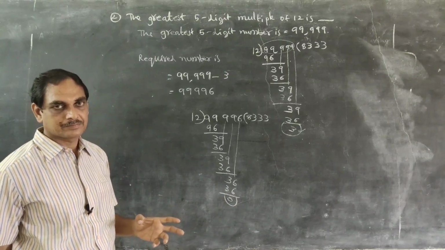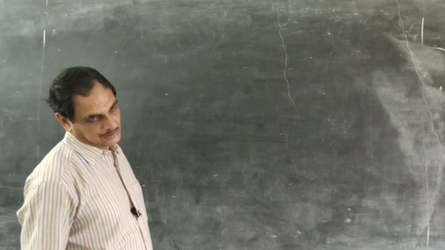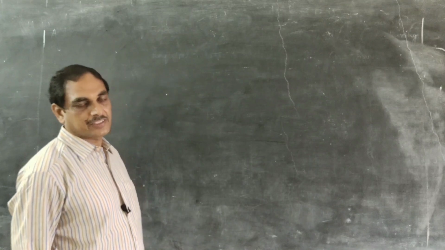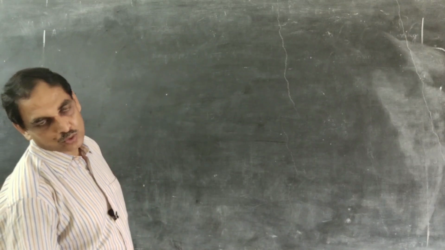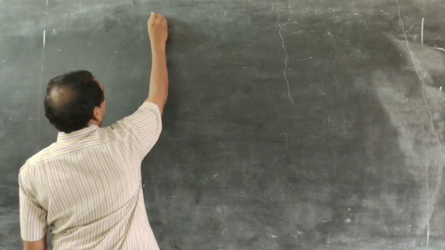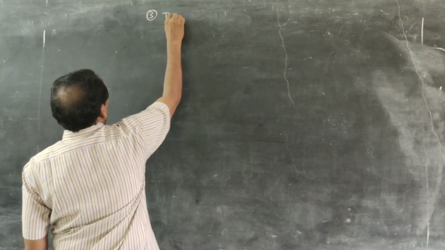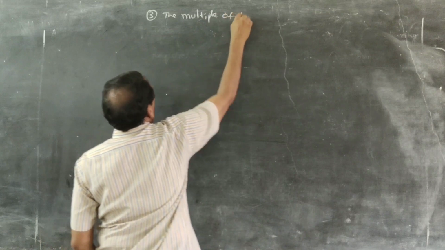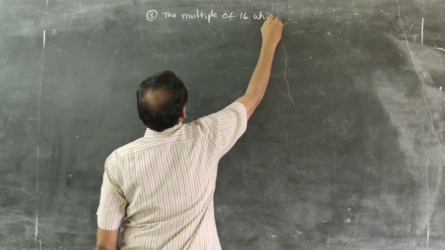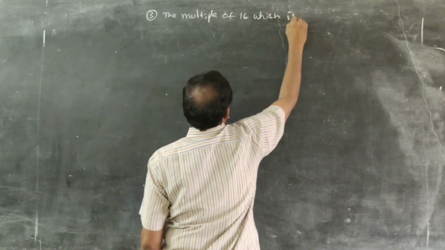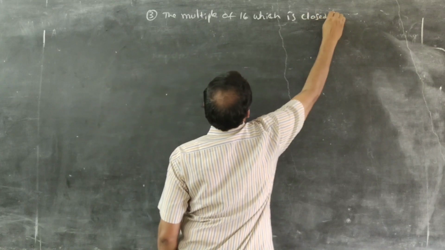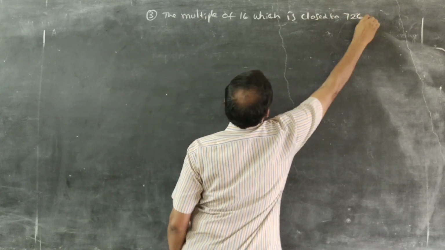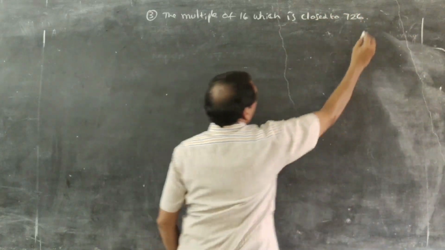Next, third: the multiple of 16 which is closer to 726 is dash.